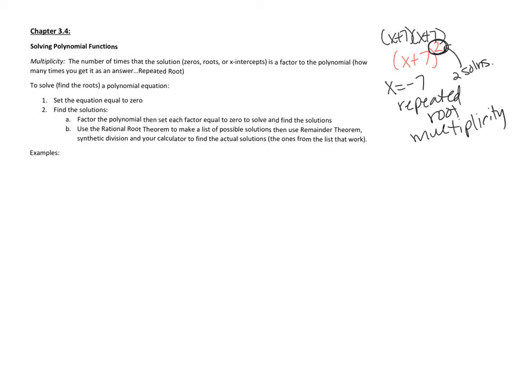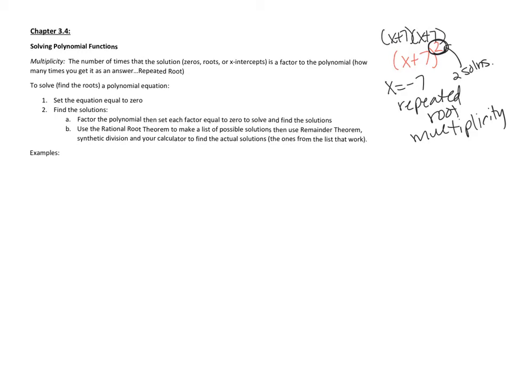So let's look at it from the beginning. When we have a polynomial function and we want to solve it, we want to find those solutions. The first thing that we're going to do is set that equation equal to 0. Whether we have an equation in standard form or factored form, that is still the first step. Then when we go to find the solutions, I can do one of two things. I can either factor it, so if it's already in factored form, it's ready to go.